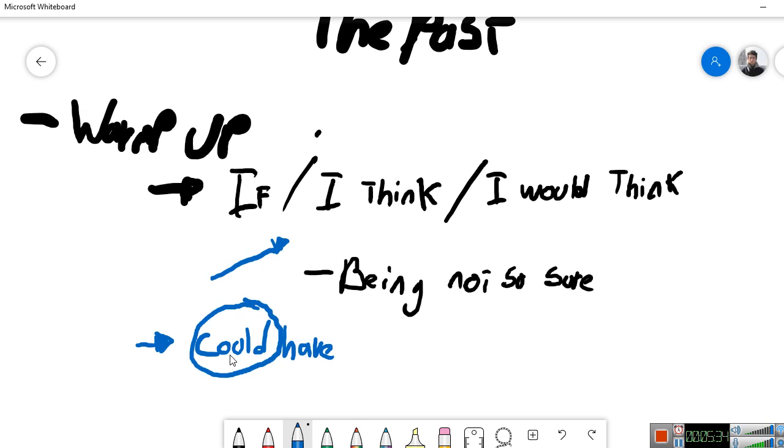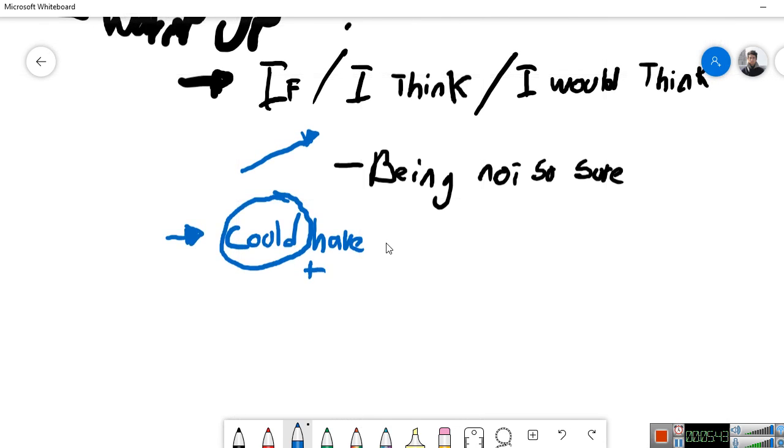So you're using the modal verb could plus have, and you're making a deduction. She could have bought that, the past participle of the verb buy. That's a very good example.